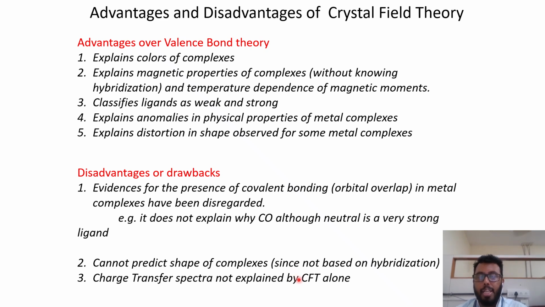And also, it cannot predict the shape of the complexes since it is not based on hybridization. Most of the structures can be easily explained by hybridization, but CFT excludes this hybridization part. So it does not explain all the shapes, only tetrahedral and octahedral it can explain, not all the other shapes.